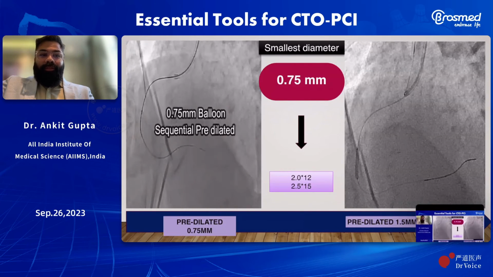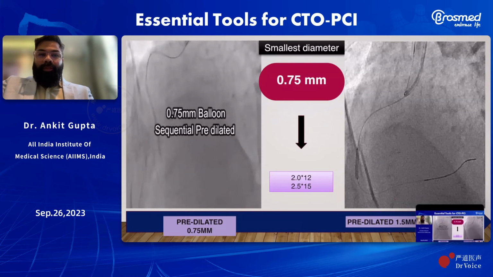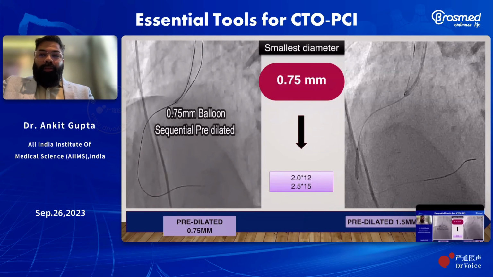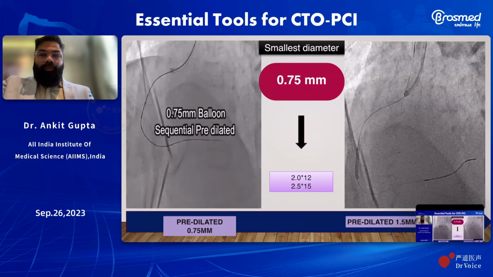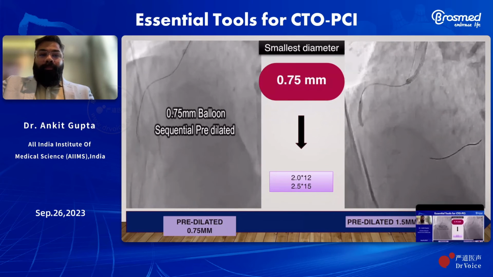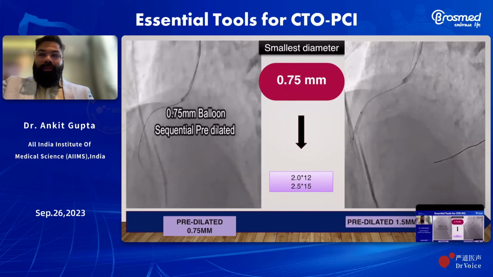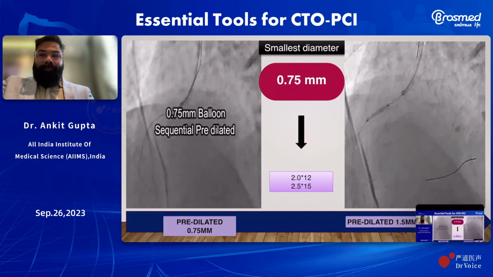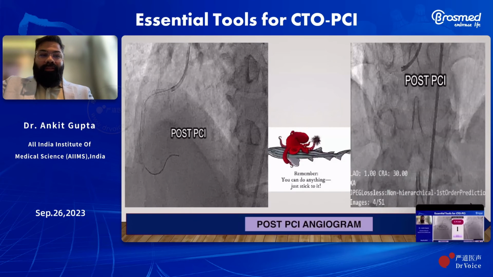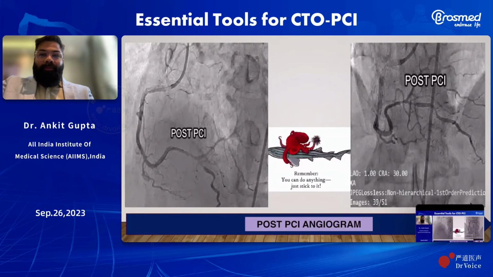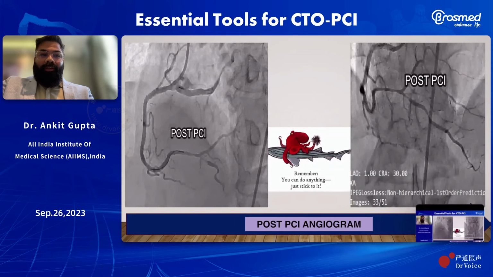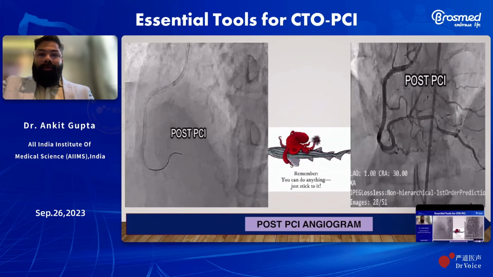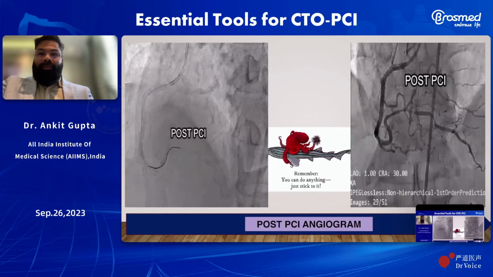Then I did sequential pre-dilatation with the 0.75 balloon, as we can see in the first angiogram, followed by 2, 2.12 and 2.515 semi-compliant balloons, after exchanging the Fielder XT wire with a Sion Blue. I then placed the 3.48 stent and post-dilated at high pressure with 3 and 3.5 millimeter non-compliant balloons, and we got a good result.